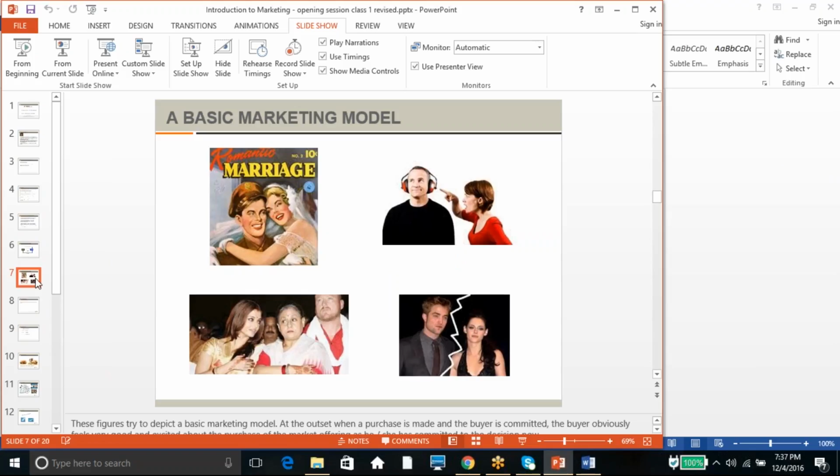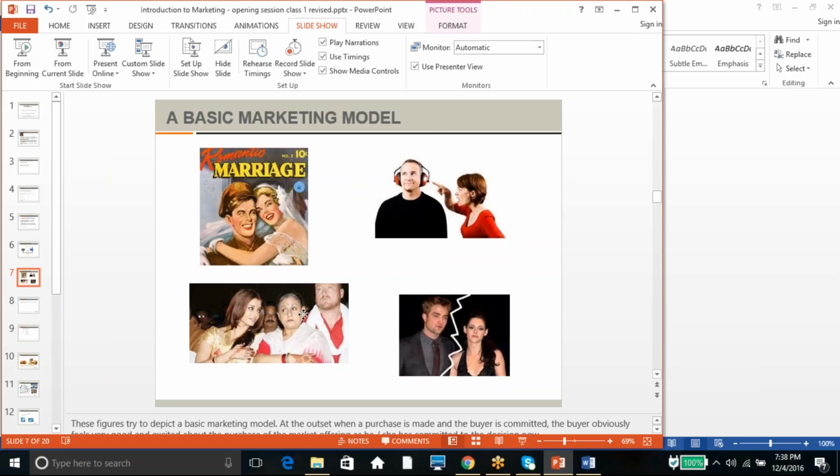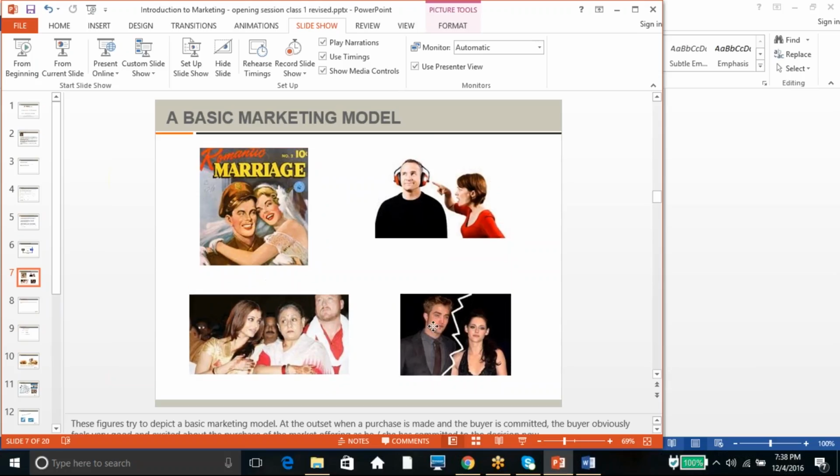So before we close that topic completely, I've put together a few pictures here. And if we label this 1, 2, 3, and 4. So this is 1, this is 2, this is 3, and this is 4.